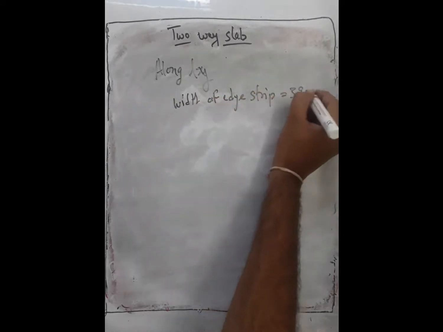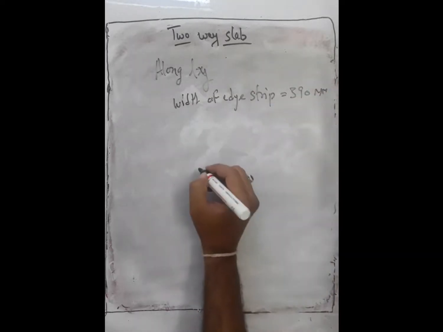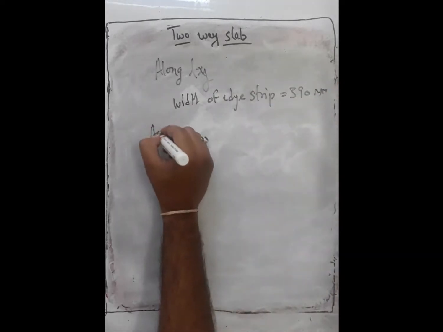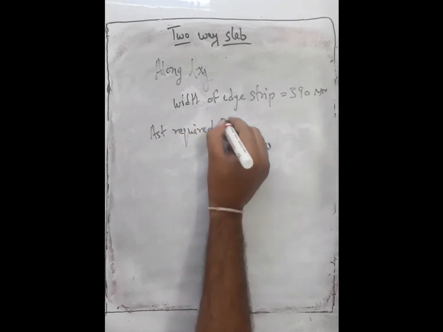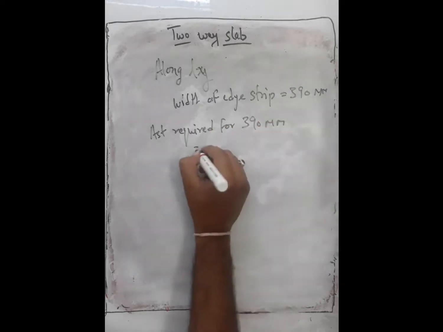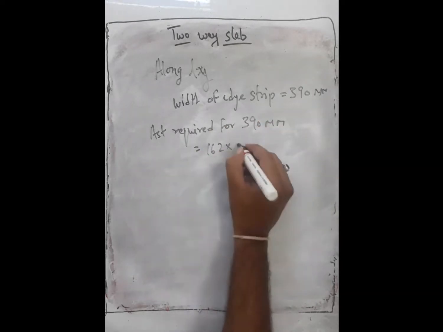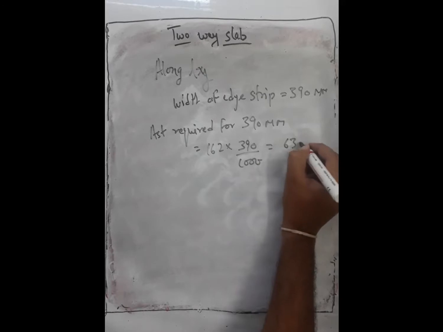If you calculate, then you get 390 mm. So AST required for 390 mm is equal to 162 into 390 divided by 1000. You get 63.18 mm square.